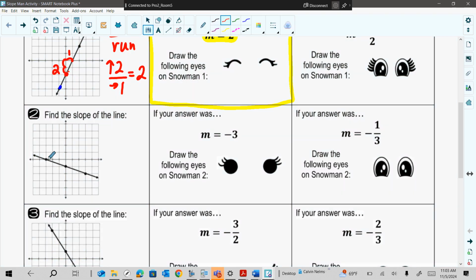I could, if I wanted to, start from this first point and go to the last point. It's still going to give me the same answer. But now on number 2, I have to go down, and then I'm going to the right.